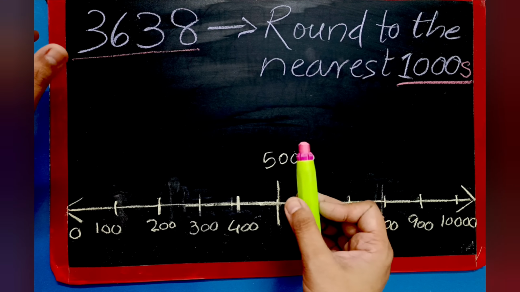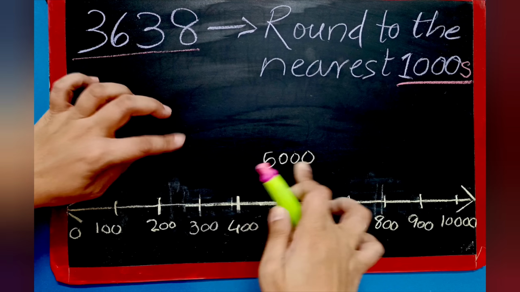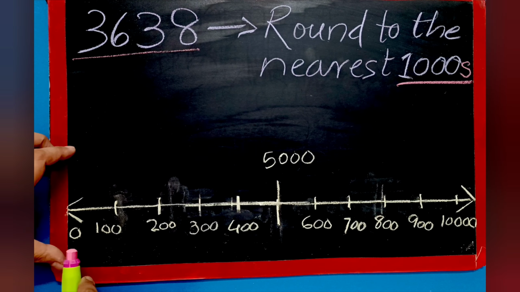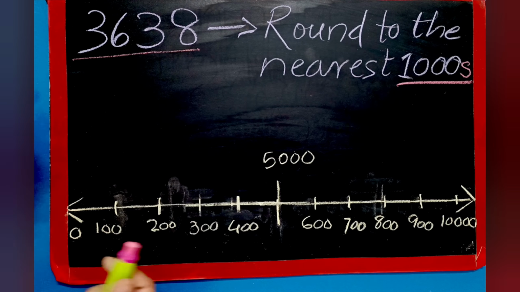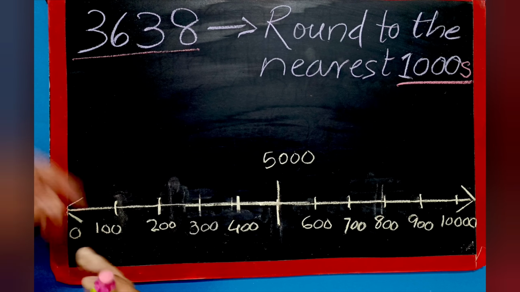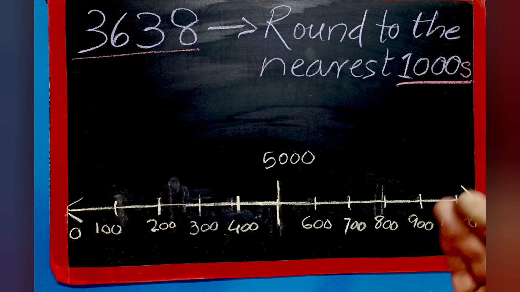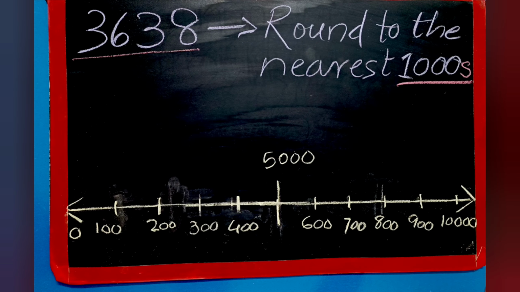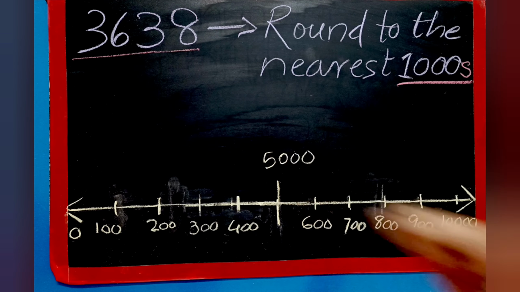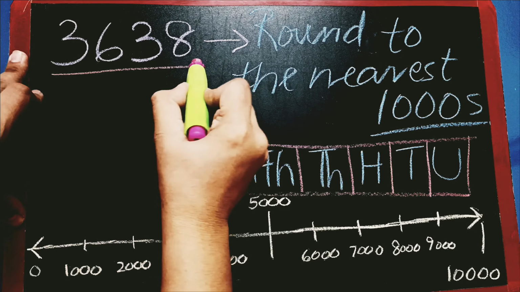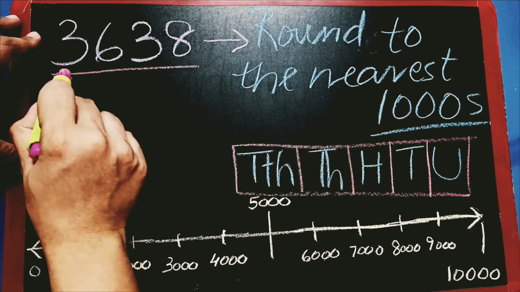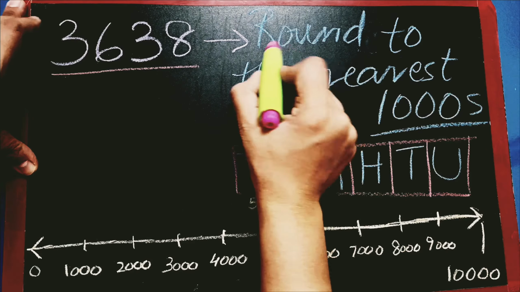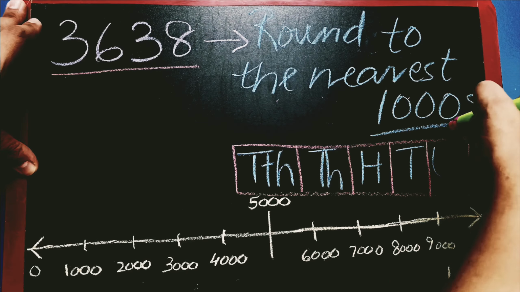As we had made 500 from 50, now our first number will end on 1000, then the second number will end on 2000. Obviously, the number line of hundreds will end on thousands. The figure right over here is 3638, and we have to round it to the nearest thousands.